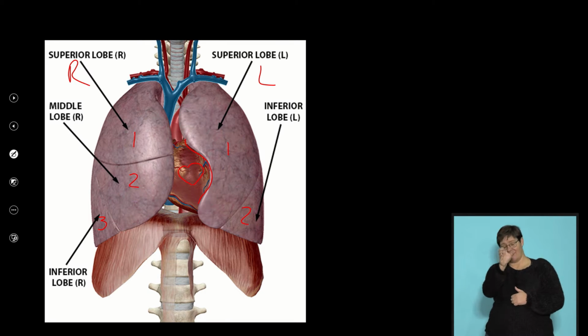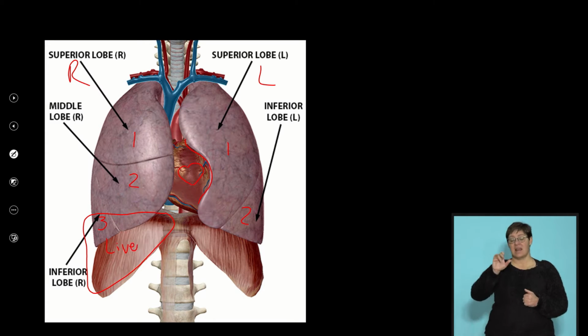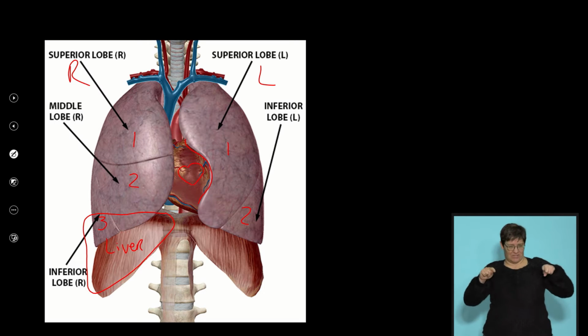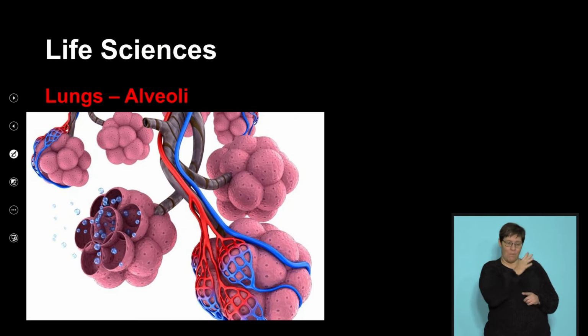What will be on the right-hand side, just underneath, pushing the right-hand side up, is going to be the liver. So both of them are being squashed by the different kinds of organs that are going to be there. Here is this beautiful diaphragm that we're going to talk about when we look at how we're going to breathe.